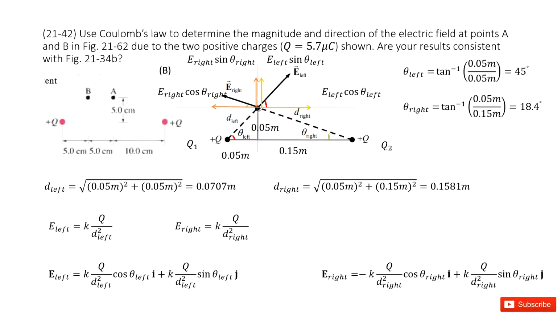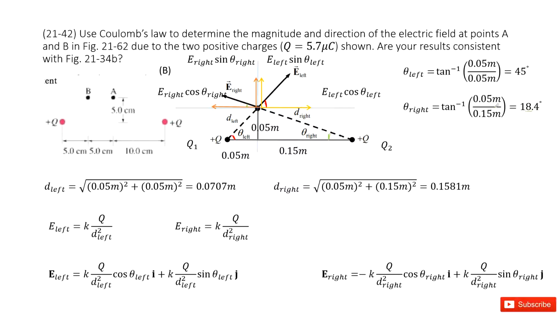The side length for this one is 0.05, and the side length for this one is 0.05. So we get theta left as arctangent of 0.05 divided by 0.05, which is 45 degrees. Now we look at theta right. It equals arctangent of 0.05 divided by this side length, and then we get the answer there.